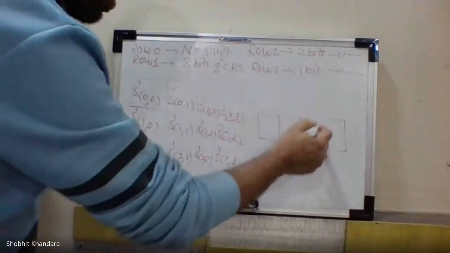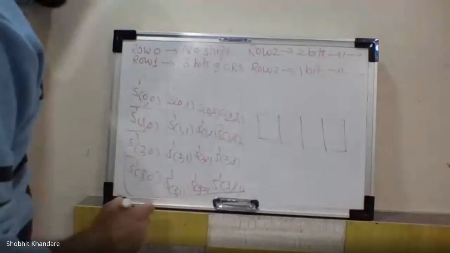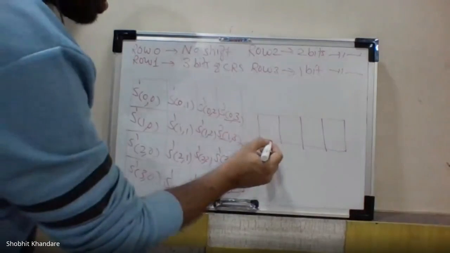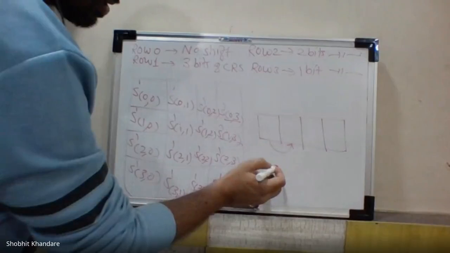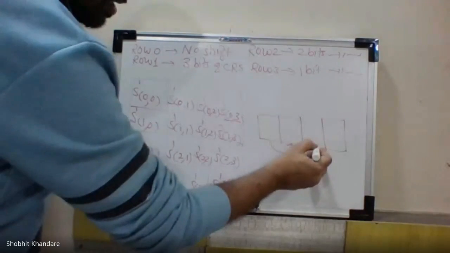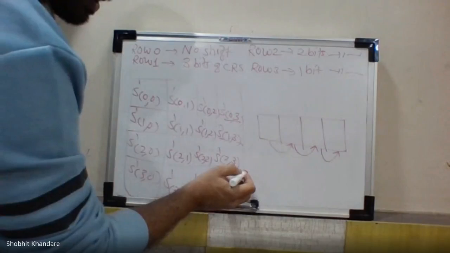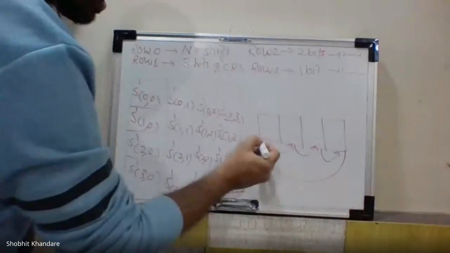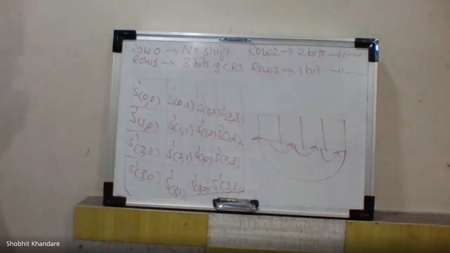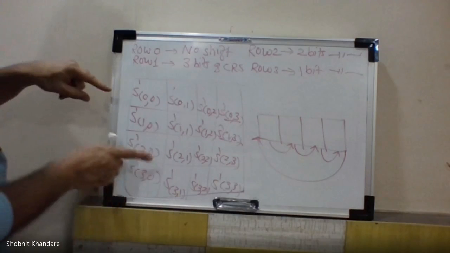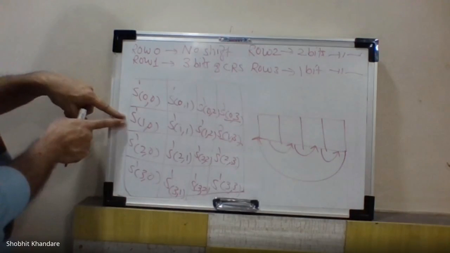1, 2, 3, 4. And see the 3 bits of circular shift. This will be at this position. This is happening at row number 1.